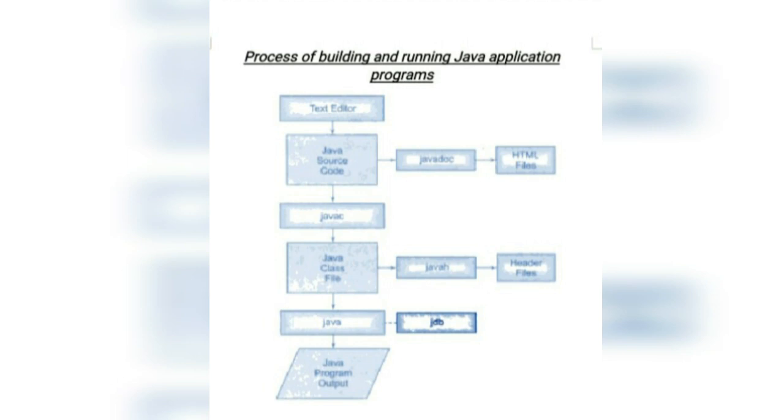That means first it is compiled using javac, and then it is interpreted by using the java tool. Then the Java debugger is used to find errors, if any, in the source code. Then the compiled Java program can be converted back into source code with the help of the Java disassembler, that is javap.